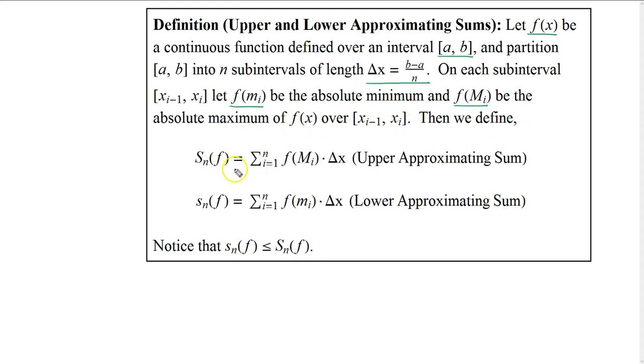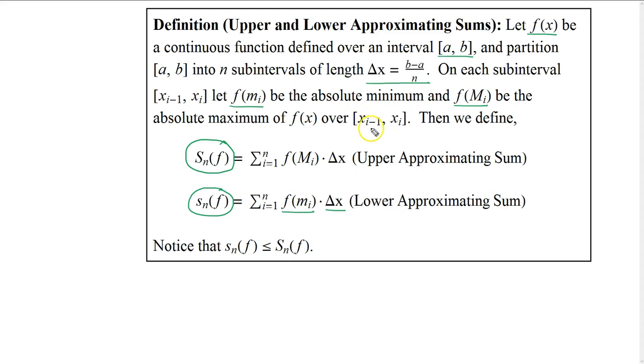We then define the upper approximating sum, denoted like this with a capital S, to be the summation from i equaling 1 to n of our maximum values of the function over each subinterval times delta x, and our lower approximating sums, denoted like this, to be the summation of the minimum value of our function over each subinterval times delta x.